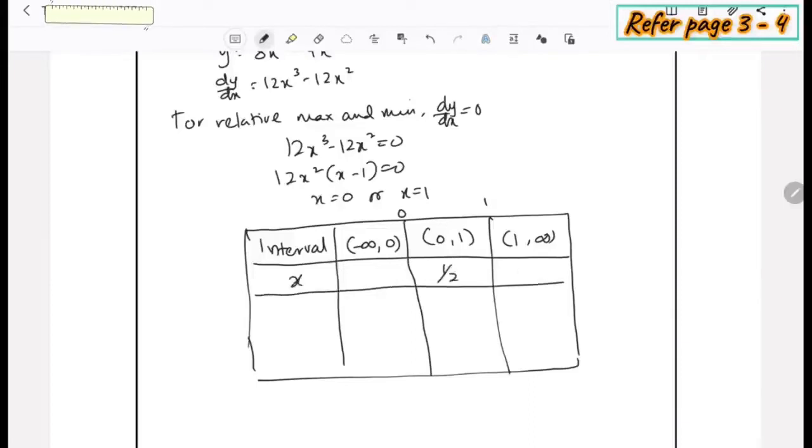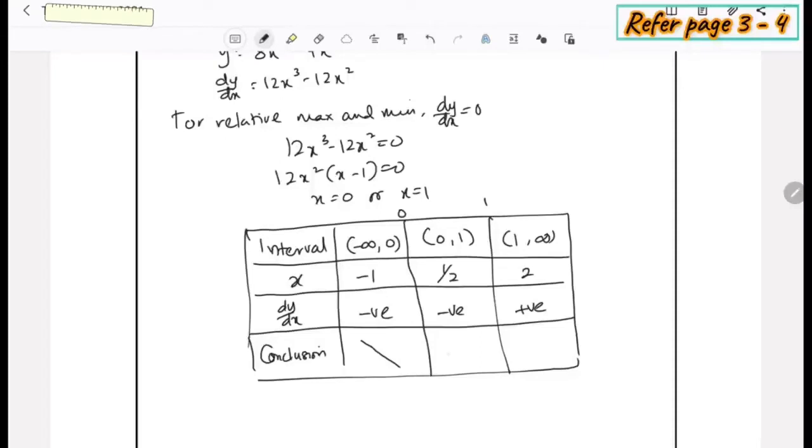So this is a half, we have here 2, we have negative 1. So this is where we have the dy/dx and conclusion. So substitute into your dy/dx. We have negative value here, also negative and positive. So the gradient is negative, this is also negative and positive.